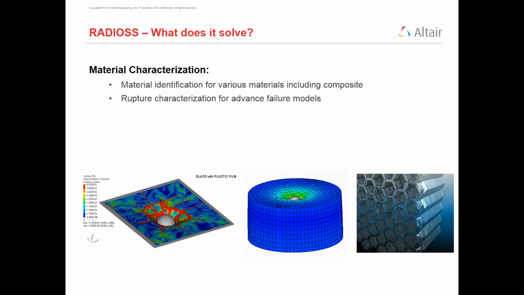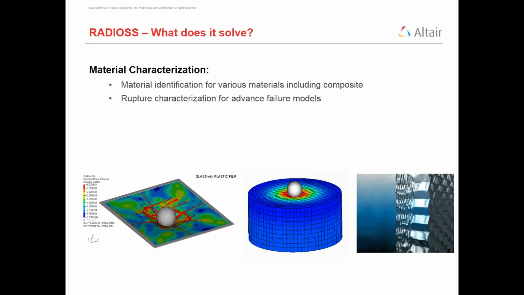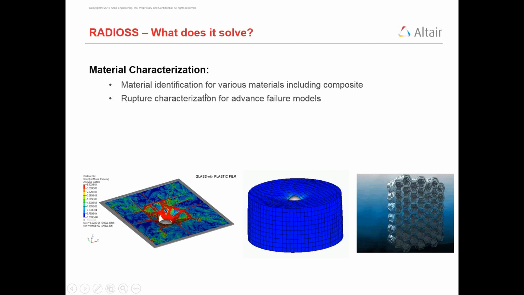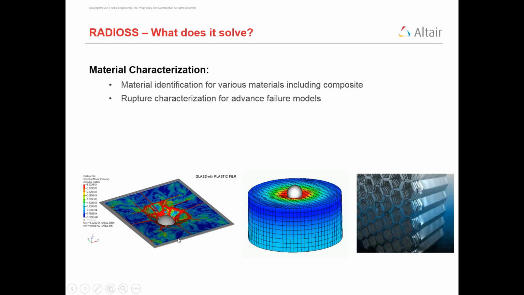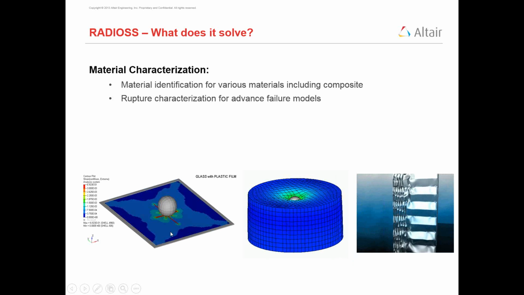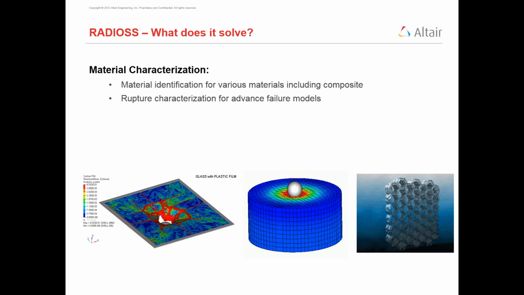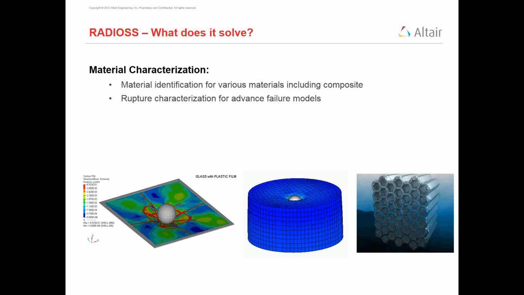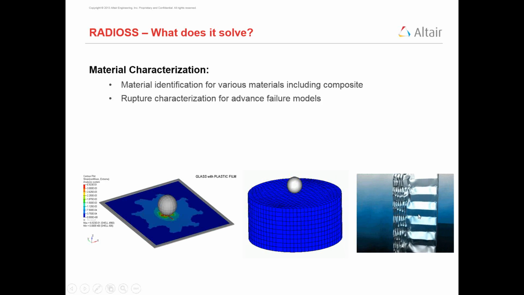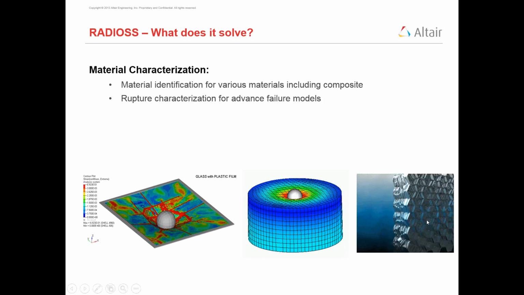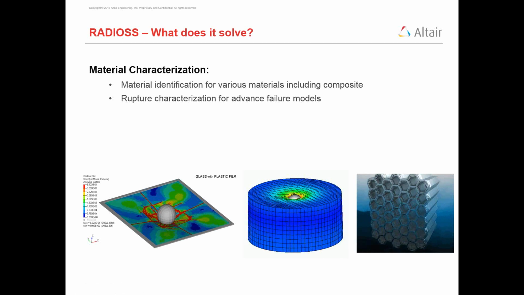For material characterization, we also use RADIOSS to identify the material. We can also include different composite materials we have available. You can see on the left side here a failure criteria. These represent things you can use for glass analysis. You can also use them for foam or barrier analysis. We can use those for RADIOSS.